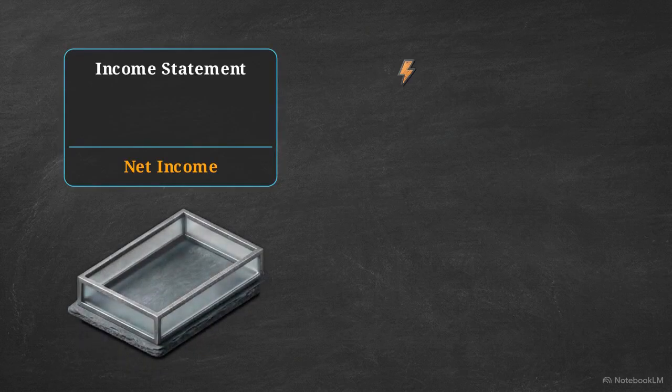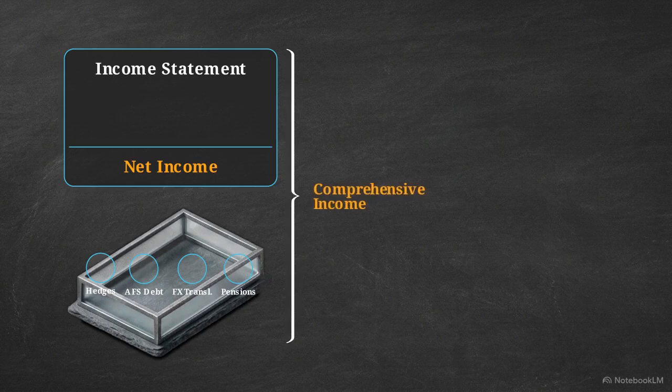To capture these, accountants use a secondary holding zone that sits directly below the income statement, called Other Comprehensive Income, or OCI. OCI catches four specific items: the effective portion of cash flow hedges, unrealized gains and losses on available-for-sale debt securities, foreign currency translation adjustments, and specific amounts tied to defined benefit pension plans.